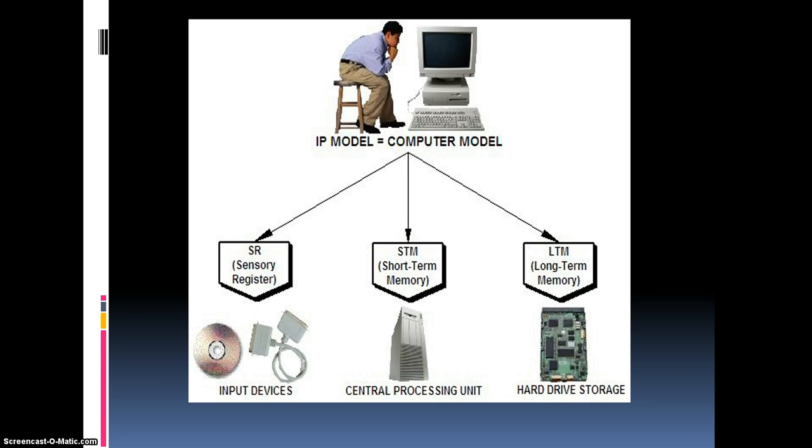Or in the information processing model, this is where information is processed in the mind. And in the third and final step of the computer model, this is the hard drive storage. And in the information processing model, this is the long-term memory, where information is stored and retrieved.